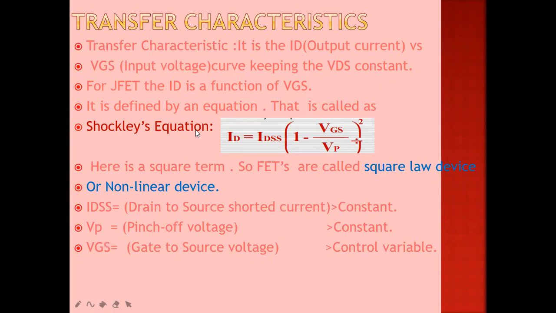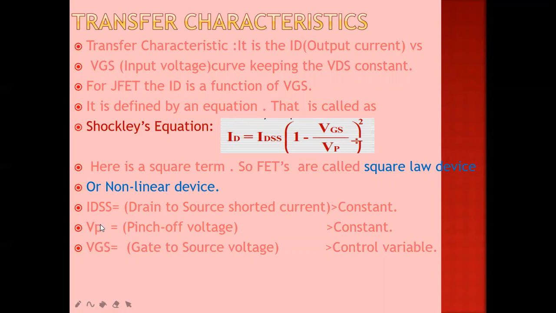It is ID equals IDSS multiplied by (1 minus VGS divided by VP) whole square. Here is a square term, so it is a square law device or nonlinear device. IDSS is the drain to source shorted current, it is constant.